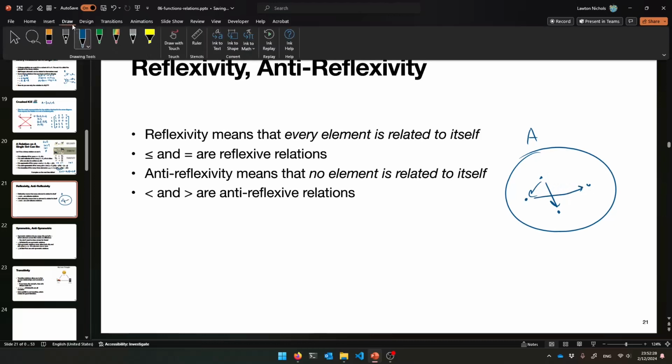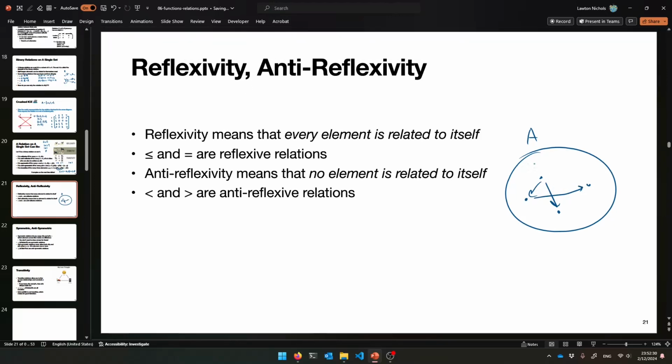It's reflexive if every element is related to itself. So you're looking for all of these. These better all be here. All these individual elements of A better be related to themselves. That's what it means for the relation to be reflexive. Gosh, there's too many terms, I know. So this is what it means for every element to be related to itself. That means it's reflexive. This is a reflexive relation because of those green arrows.